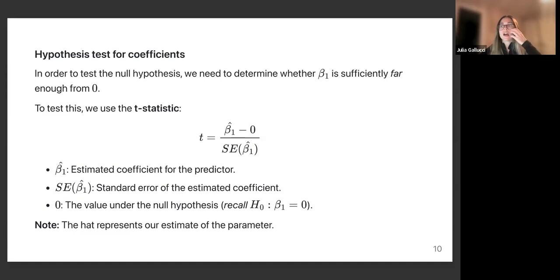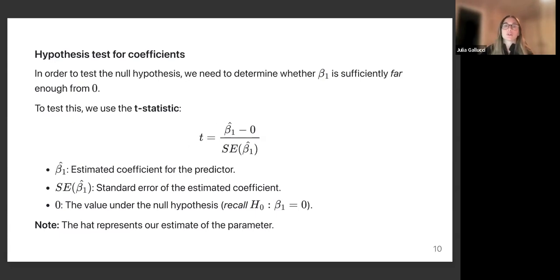This is done by calculating a t-statistic, which helps us assess whether this estimated coefficient for the predictor is significantly different than 0. Once again, the null hypothesis would be that this coefficient is 0. So we're comparing the predicted value to the null, so to 0. So here's how we calculate the t-statistic.